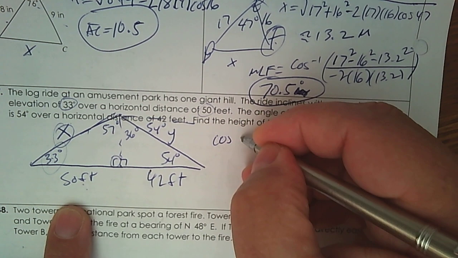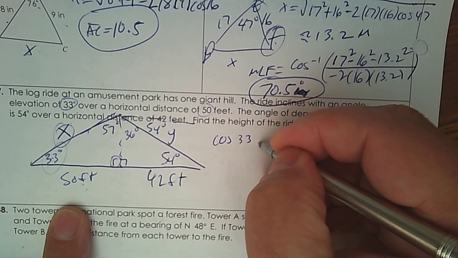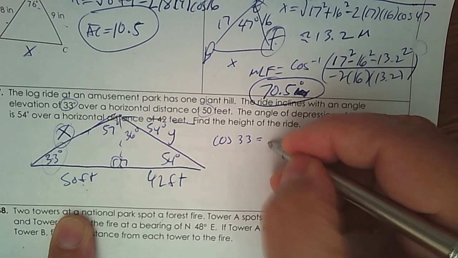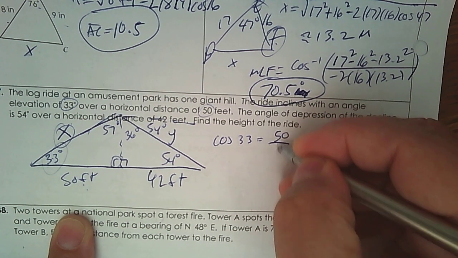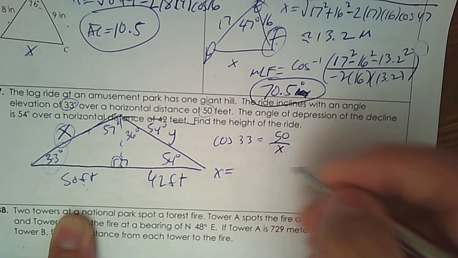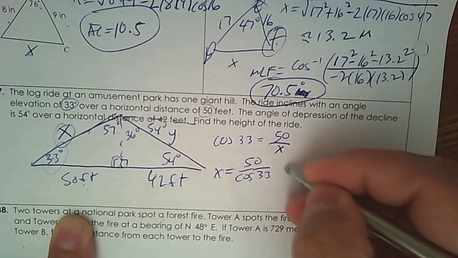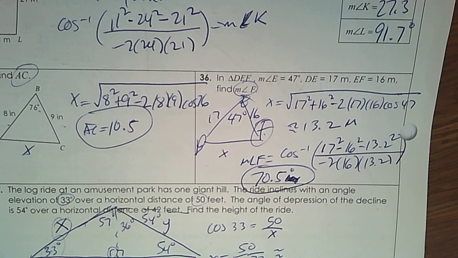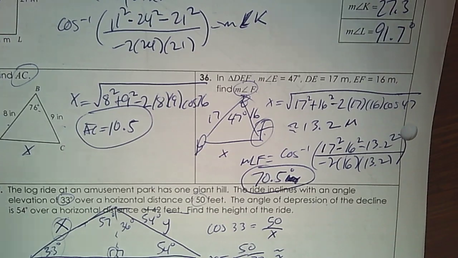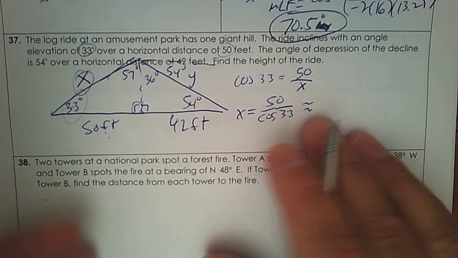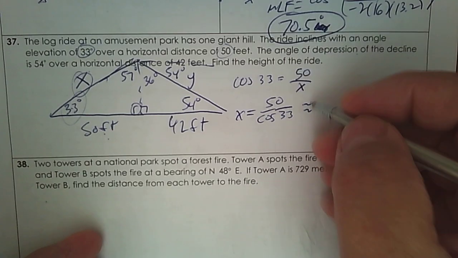So I'm going to write down cosine of 33 is equal to adjacent over hypotenuse. To get x by itself, we multiply and then divide. So there's one side. You get your answer. So 50 divided by cosine 33. So that's 59.6.